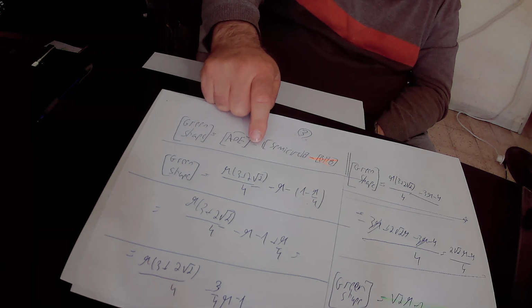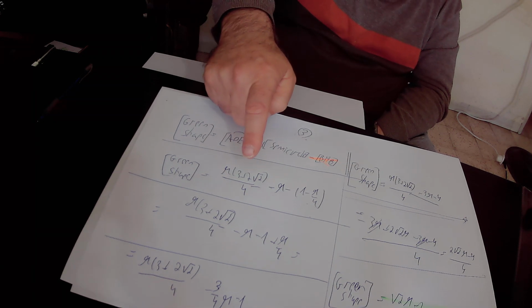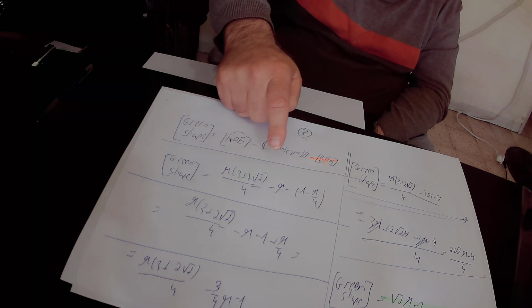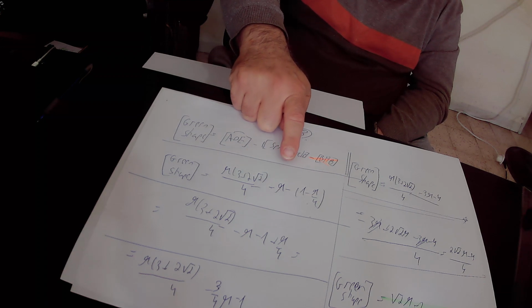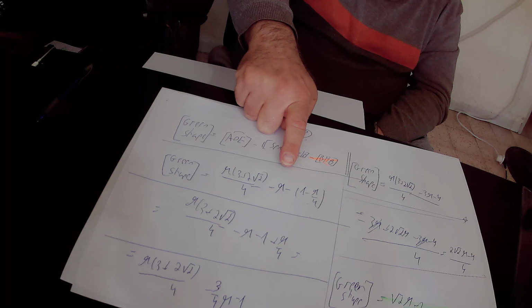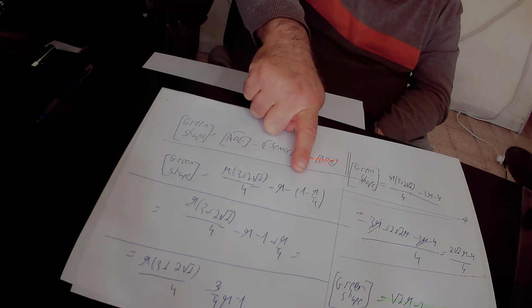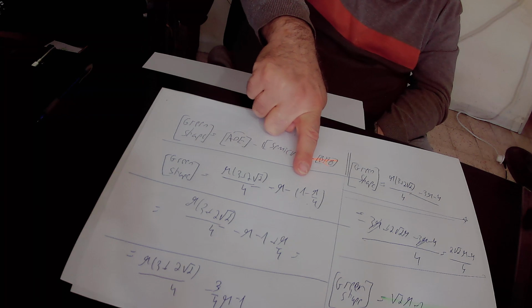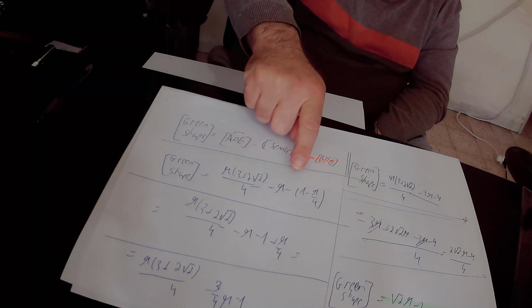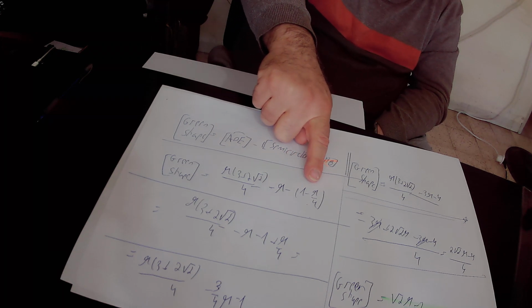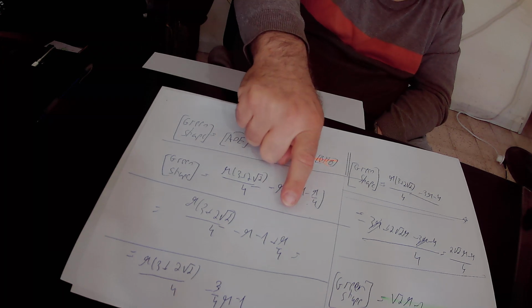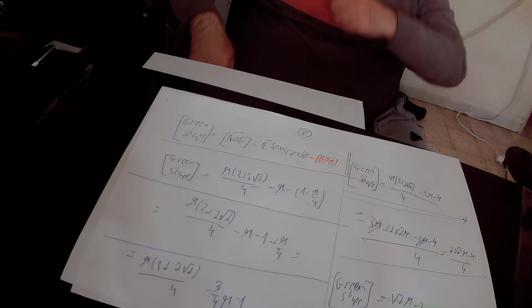So the area of the green shape equals pi times 3 plus 2 times root of 2 over 4, minus pi, and we open the brackets here. After we open the brackets, we have here minus 1, and we have here minus times minus, that is plus. So it is minus 1 plus pi over 4.